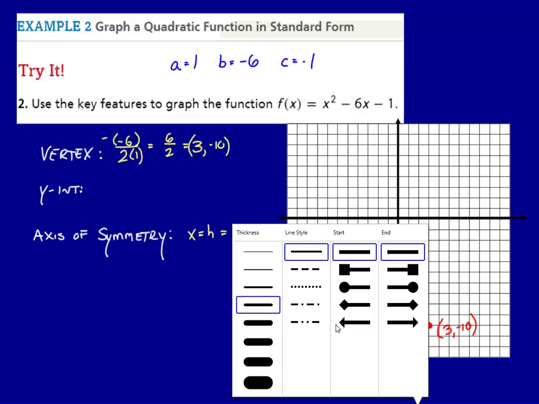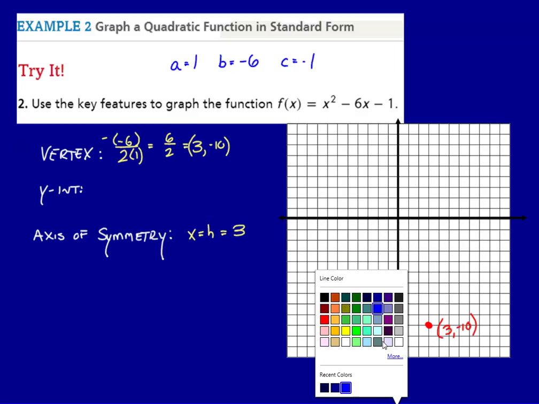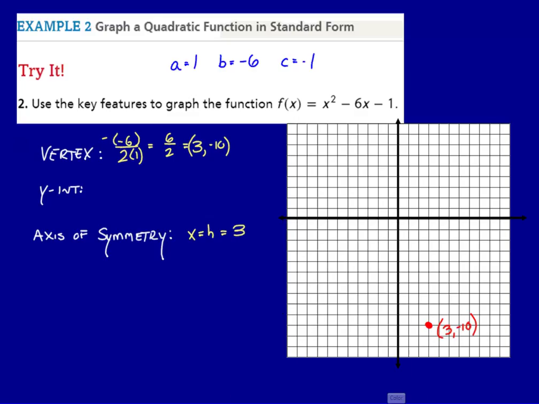If I make a dotted line, because it's not really on our graph, I'll make it blue. It comes right through this point. There's my axis of symmetry.